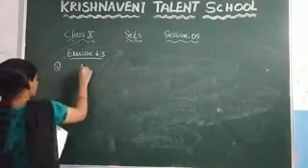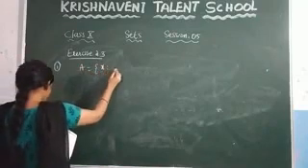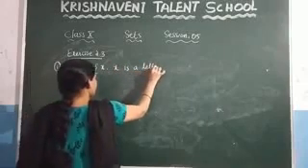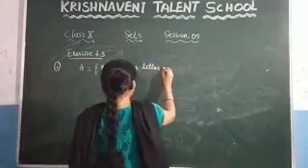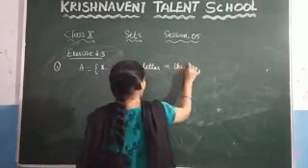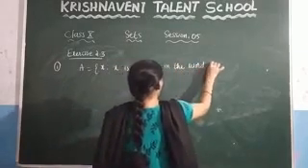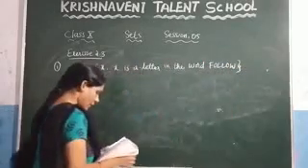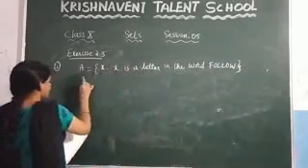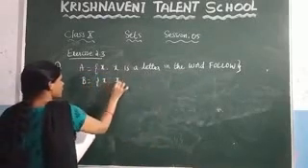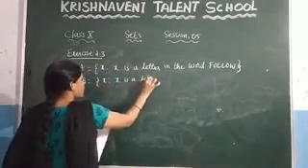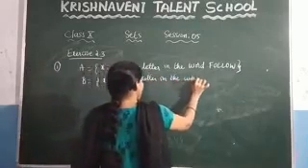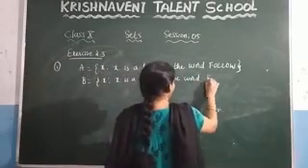Here, the first set they have given as A equals x such that x is a letter in the word follow. This is the set they have given here, and the set B is given as x such that x is a letter in the word flow.